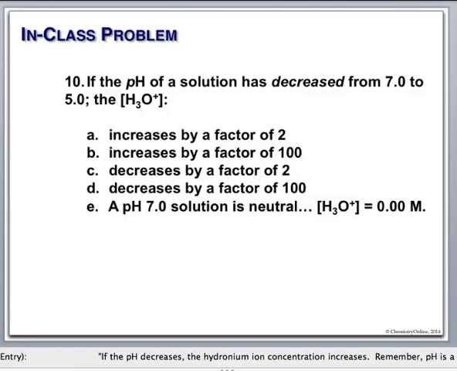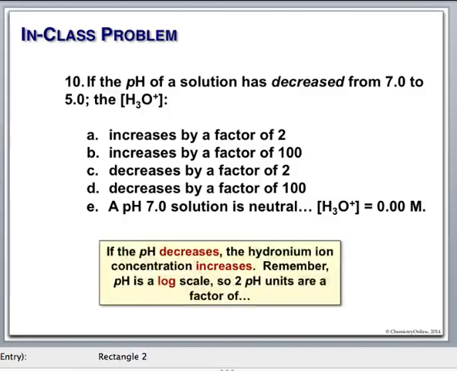So we're down to these 2. Are we going to increase by a factor of 2? Well, it's 2 pH units. But remember, every pH unit is a factor of 10. So it's 10 squared or 100.